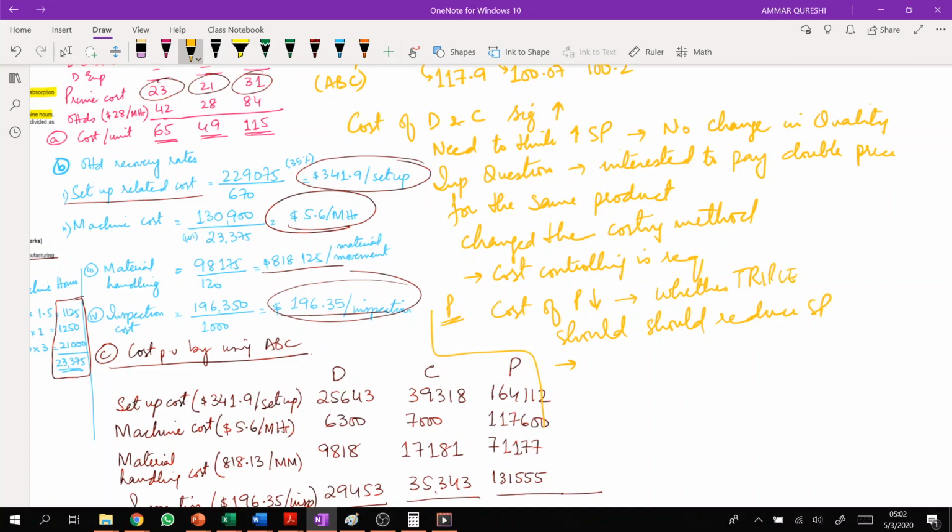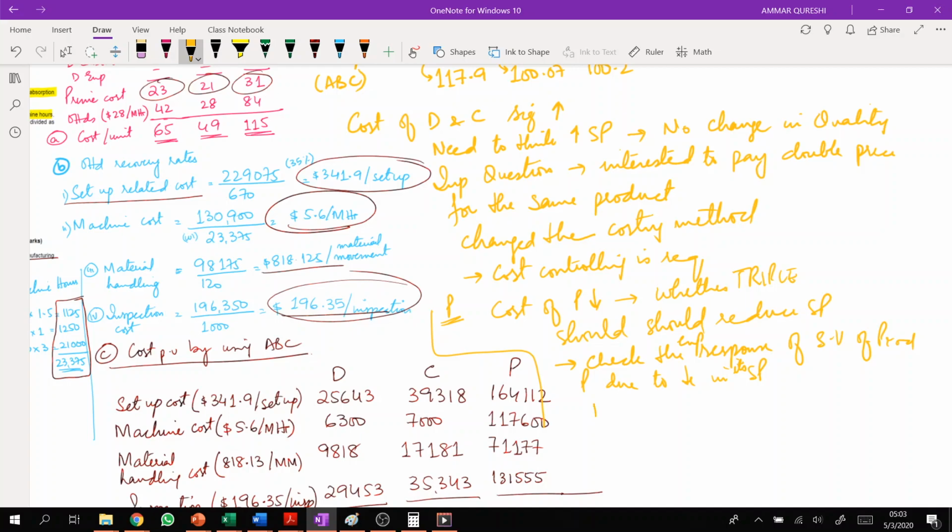In this case, we need to check the expected response of sales volume of product P due to a decrease in its selling price. In short, we need to check the price elasticity of demand of product P, right?